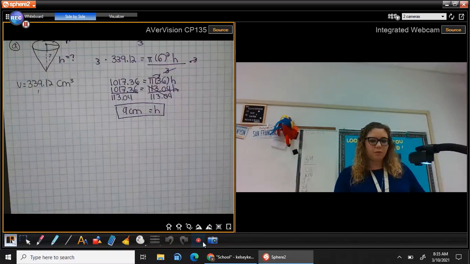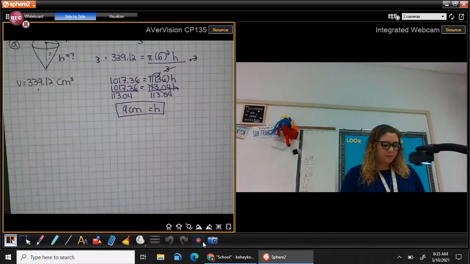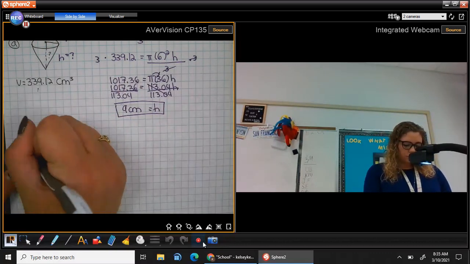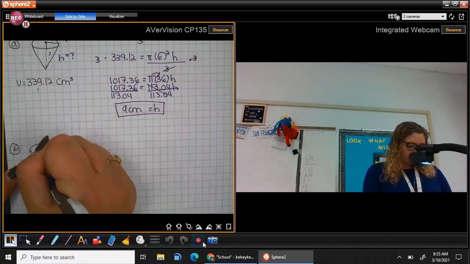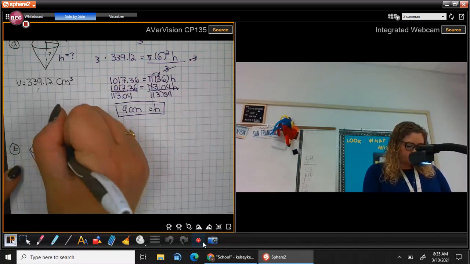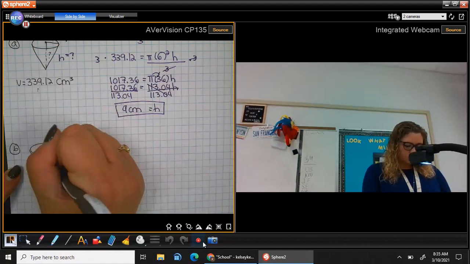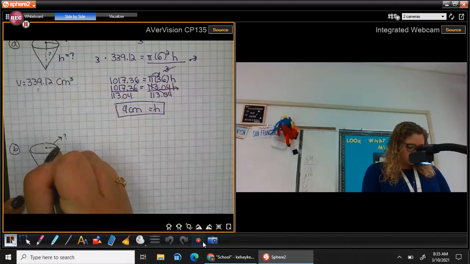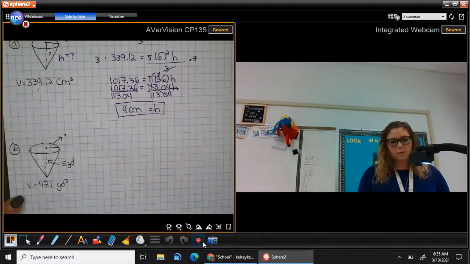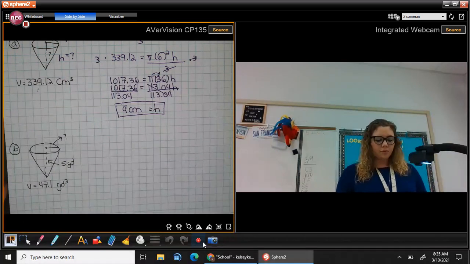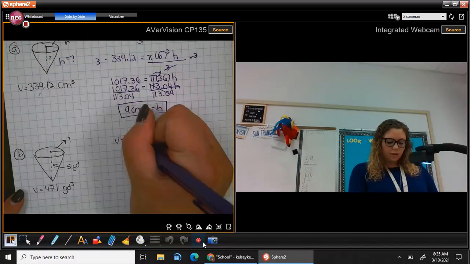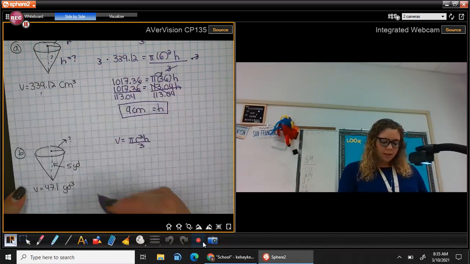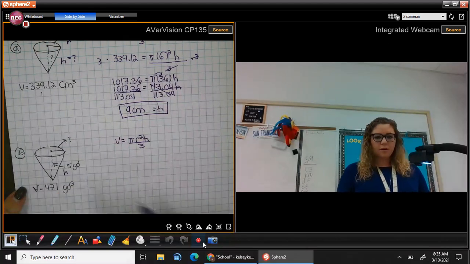So the next kind of cone problem you can find is, how do you find the radius? Okay. So again, you're going to always start with your cone formula. So V equals pi r squared h divided by 3. Okay, this time we have h and we have v, but what is my r?